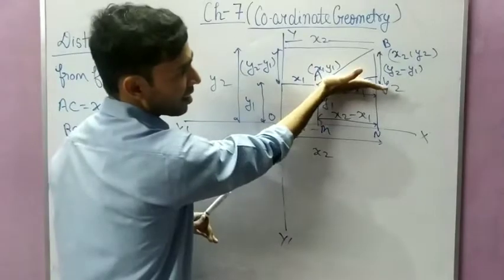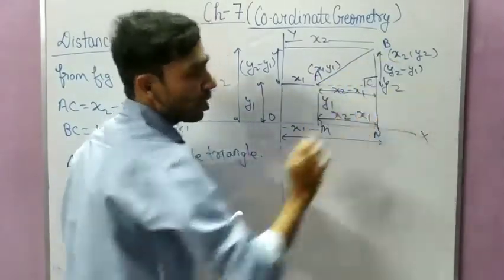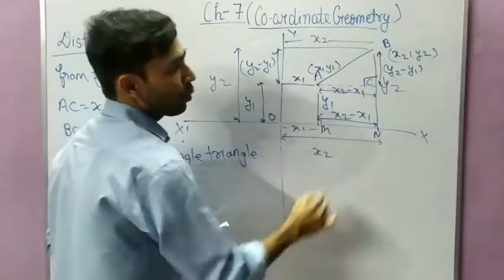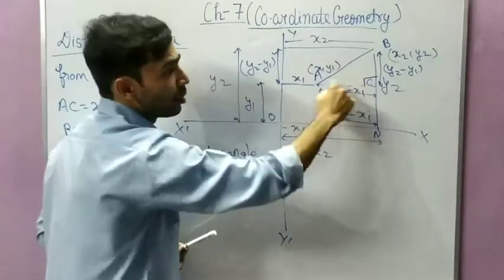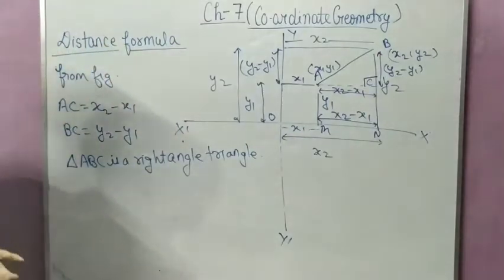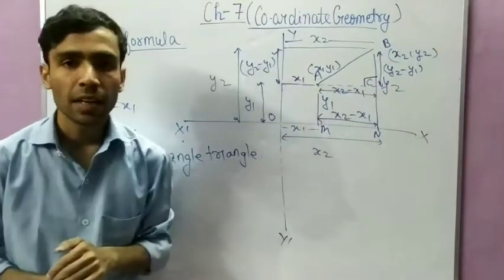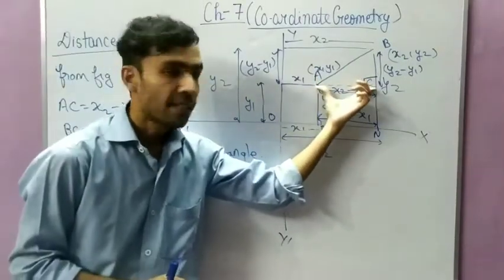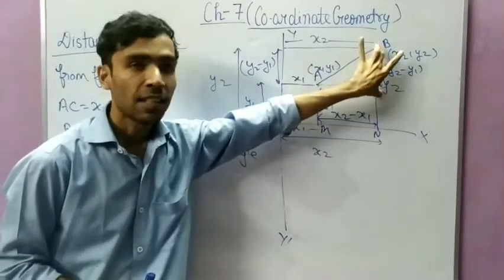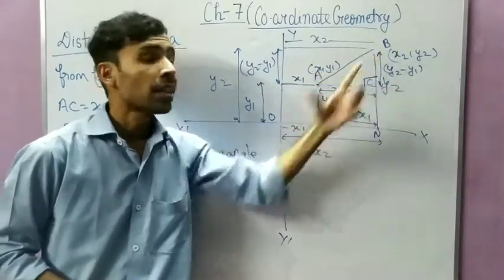Because it is x axis and it is y axis. See, these two lines are perpendicular, so this will be 90 degree, so the triangle formed will be a right angle triangle. Now if triangle ABC is a right angle triangle, we know the value of AC, we know the value of BC, so we can find the value of AB, we can apply the Pythagoras theorem.